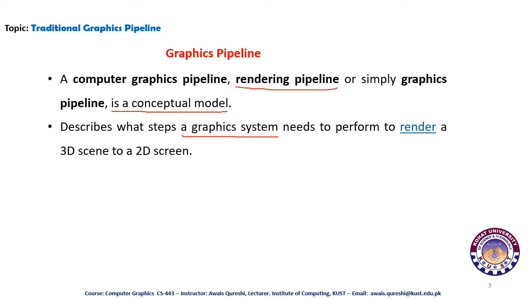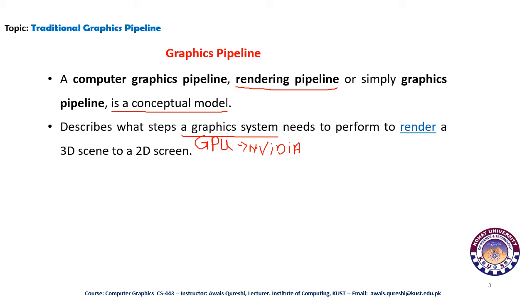Let me write this over here, because when we are talking about OpenGL, the graphics system is also called a graphics processing unit, for example NVIDIA. In simple terms, we call a graphics system a graphics card.